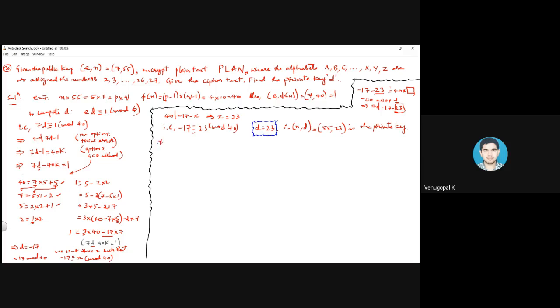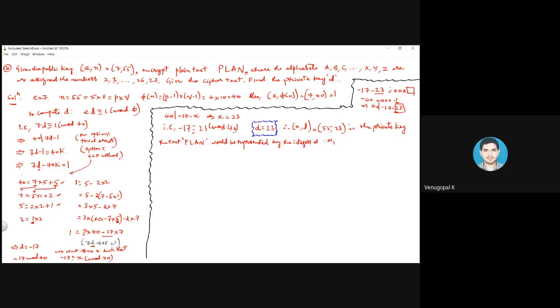The text plan would be represented by the integers as message number 1.